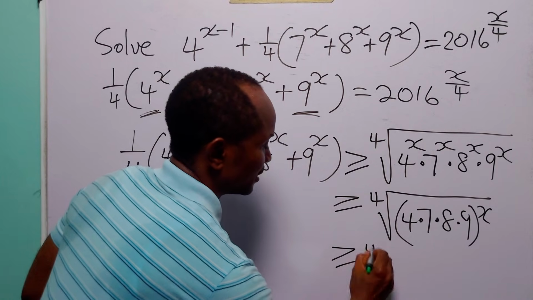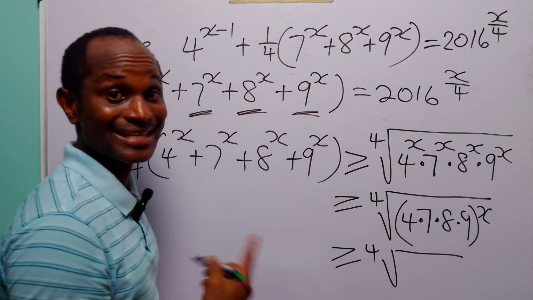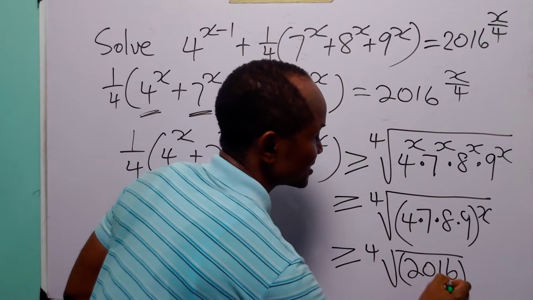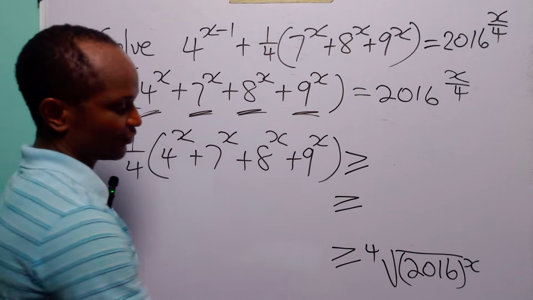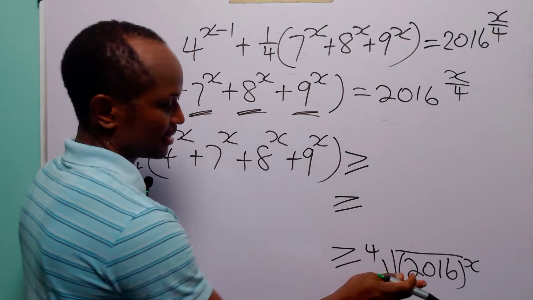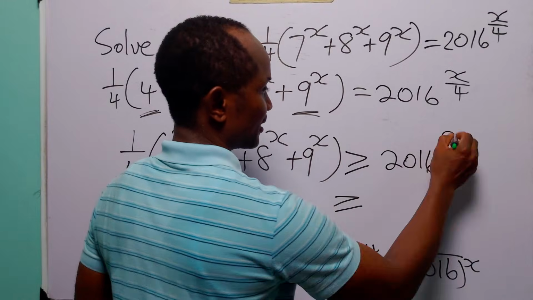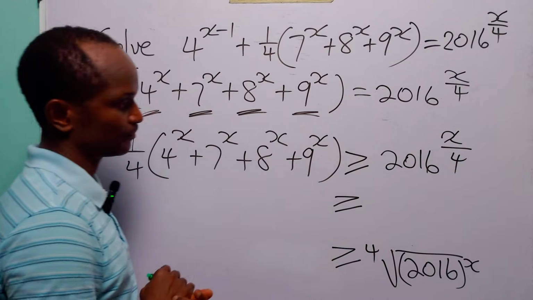Now, 4 times 7 times 8 times 9 is equal to 2016. So this is 2016 to the power x, and of course, you know that we can write this as 2016 to the power x divided by 4.